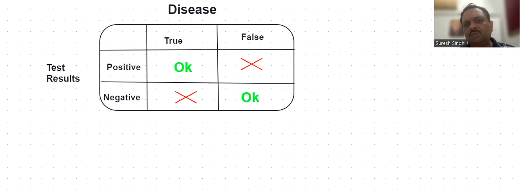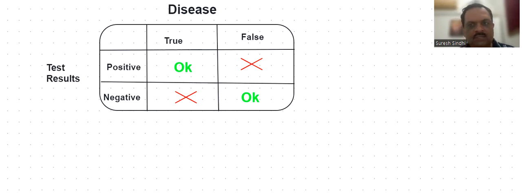So occasionally some of the cases could fall under a false positive or true negative kind of scenario. But of course, these cases are very, very rare. But yes, we can't rule out that these kinds of cases also happen.